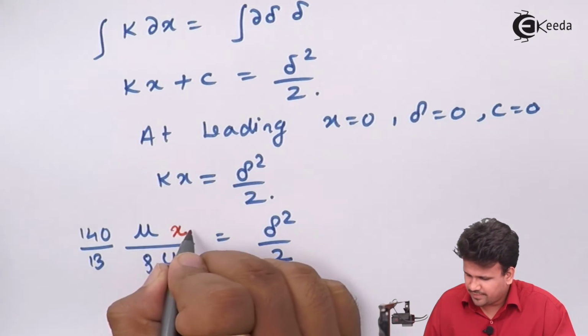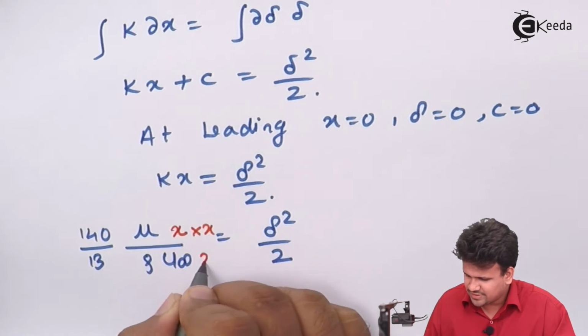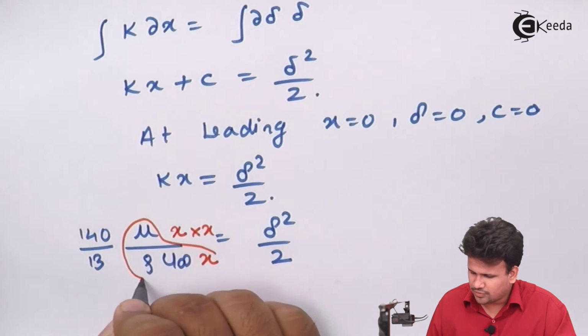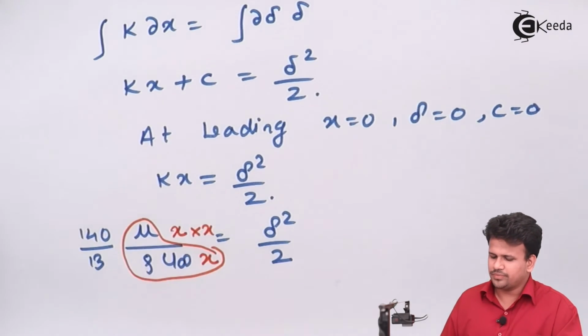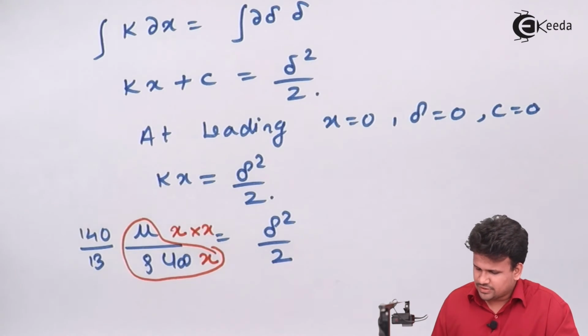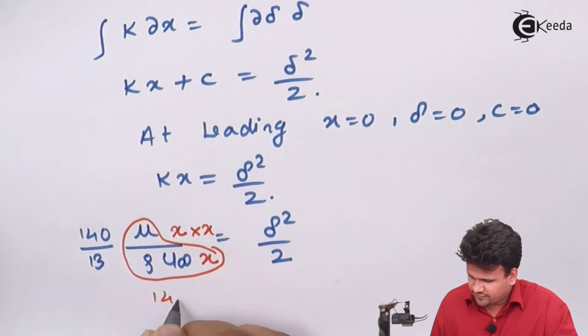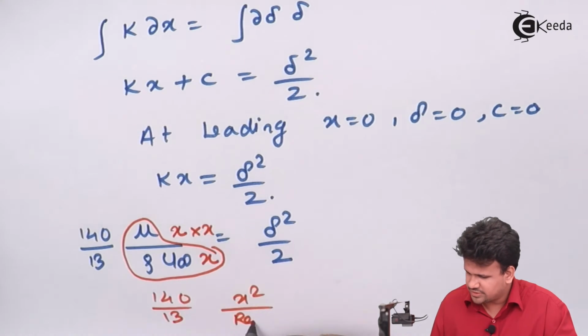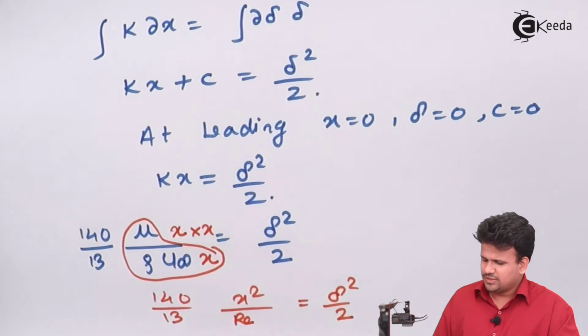If we multiply by x in the numerator as well as in the denominator, we can see this is rho u infinity x upon mu. This is the Reynolds number, and so this can be written as 140 upon 13 x square upon Reynolds number equals delta square by 2.